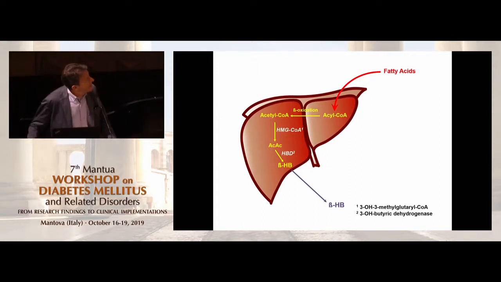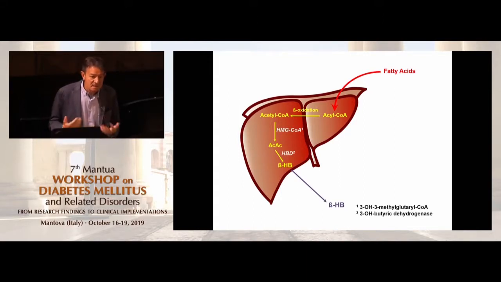But in the liver, we know that if you feed fatty acids in excess of what can be stored, these fatty acids will be beta-oxidized to produce a lot of acetyl-CoA, and this, if the supply of fatty acids is excessive, will induce ketogenesis. And so through acetoacetate and then the reduction of that to beta-hydroxybutyrate, you produce the main circulating ketone body, which is beta-hydroxybutyrate.